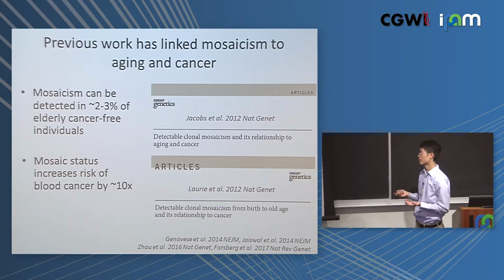The other thing that they found in these papers was that even though the people in their studies were initially cancer-free, if somebody in the study had one of these events, then it increased the risk of a future blood cancer by a 10-fold factor. So that sort of suggests that these events are interesting.